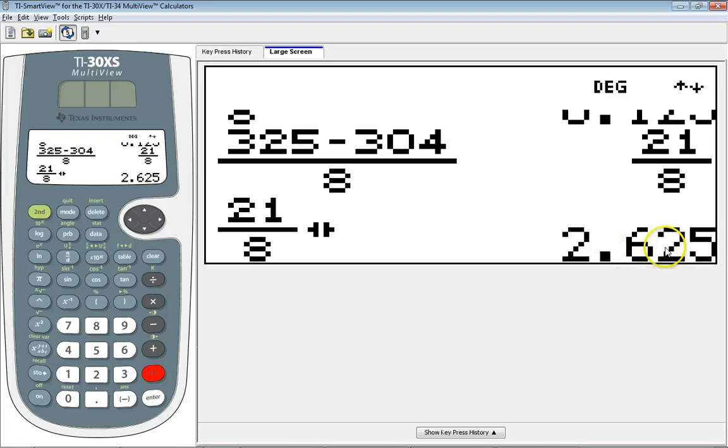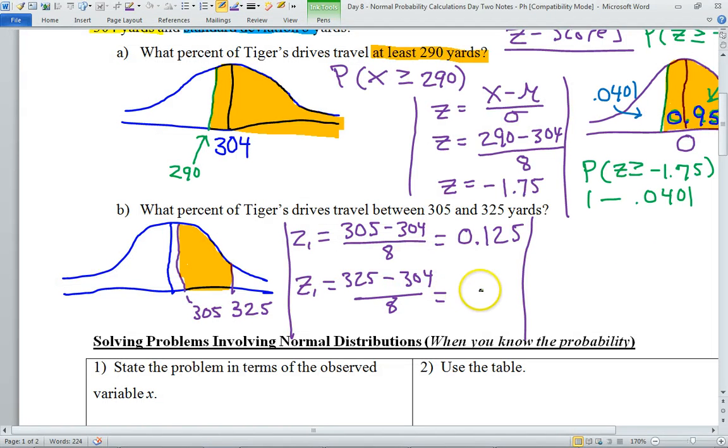I'm going to need to round this to 2 decimal places. So let's call it 2.63. I should have rounded the other one too. Let's go back and round this one. 0.125 becomes 0.13.